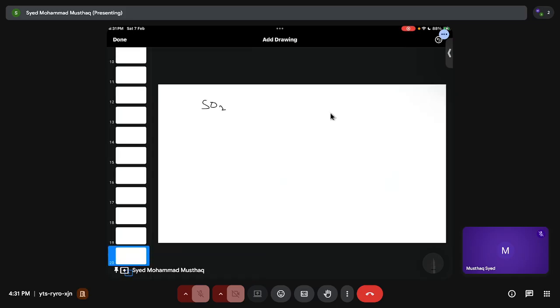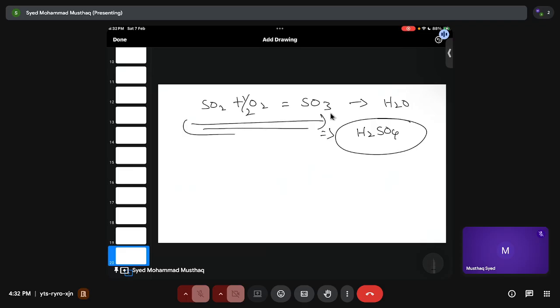SO2 plus O2 gives SO3, and then it is reacted with water, and it will give you sulfuric acid. This is the famous reaction, and it has a name also. So whenever you have an integrated steel plant or iron making plant, you will find a sulfuric acid plant also.